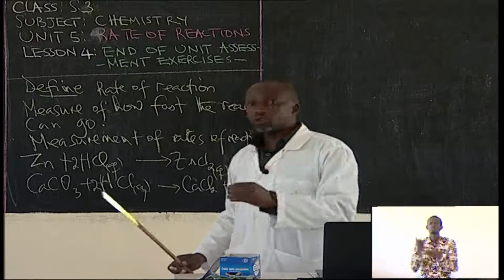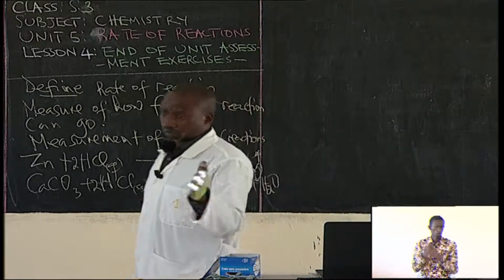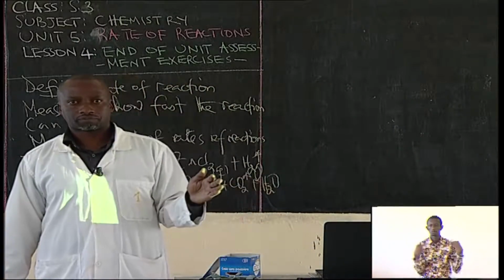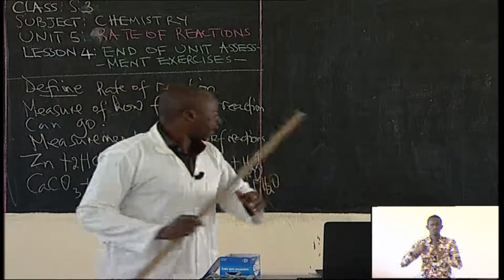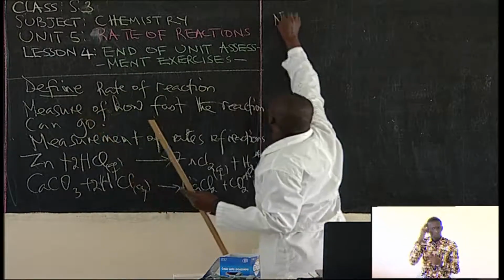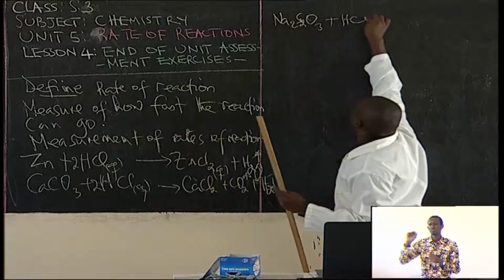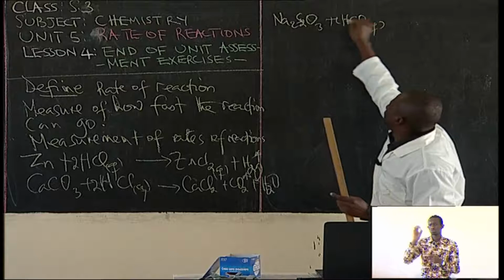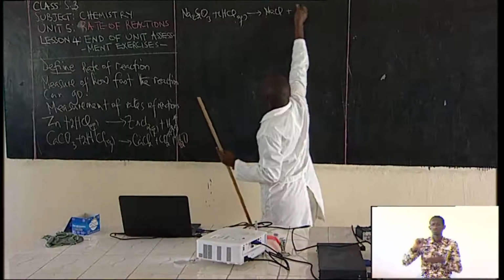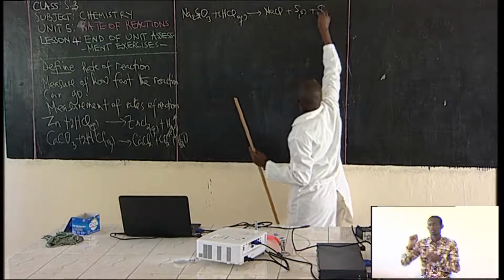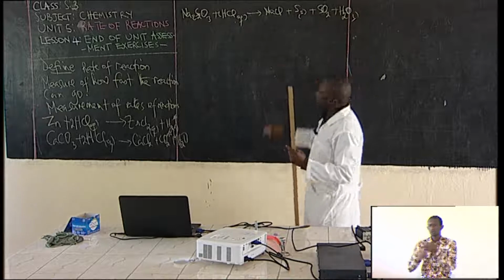And then we looked at, if you remember very well, the experiment that we did about the effect of the concentration. If you remember that reaction whereby we had sodium thiosulfate reacting with hydrochloric acid and giving sodium chloride plus sulfur dioxide plus water.